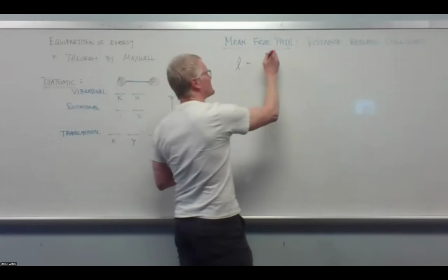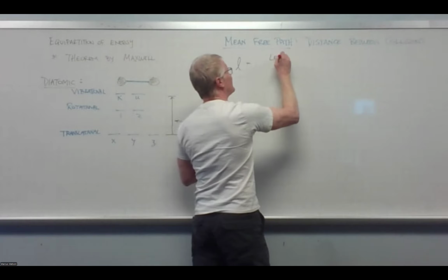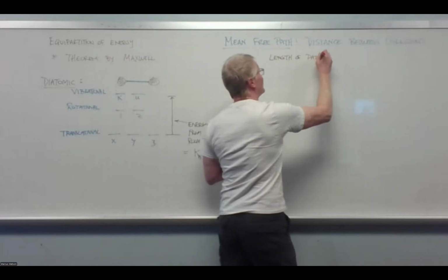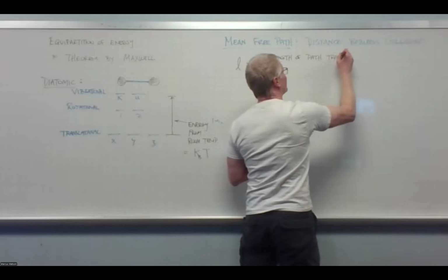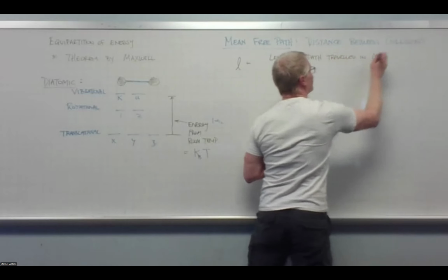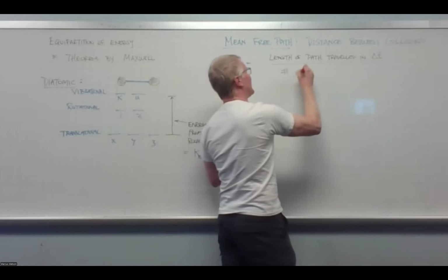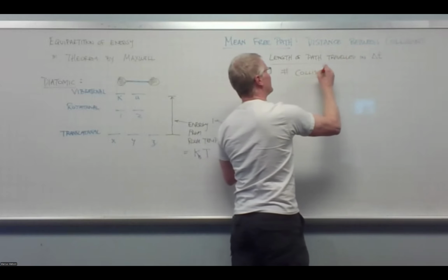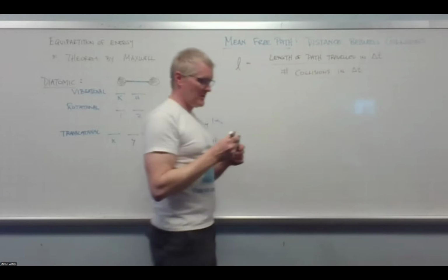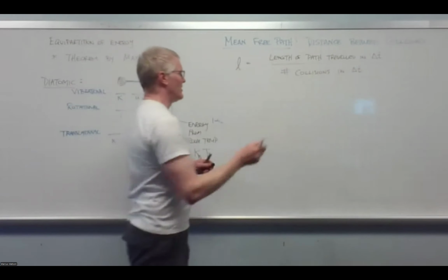It's the length of the path that it travels in some time, say delta t, divided by the number of collisions that it had in that time. And so you think, well, this is kind of a complicated thing to think about.